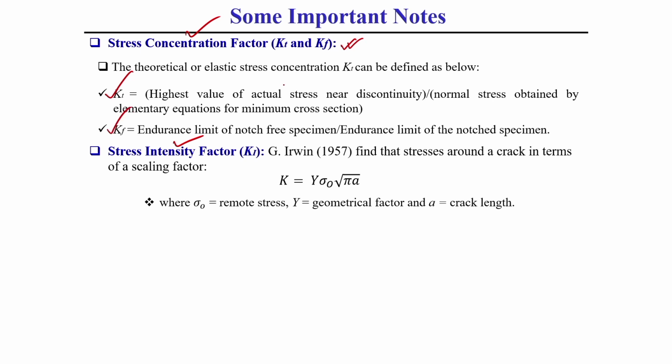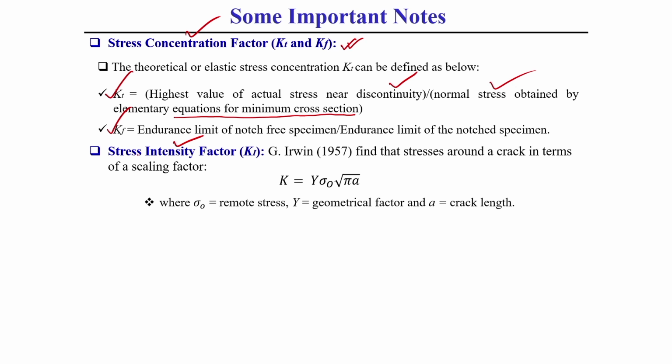The theoretical stress concentration factor is also called the elastic stress concentration factor, and Kf is called the actual or fatigue stress concentration factor. Kt is the highest value of actual stress near the discontinuity divided by nominal stress obtained by the elementary equation for minimum cross section, which I discussed in the earlier lecture.